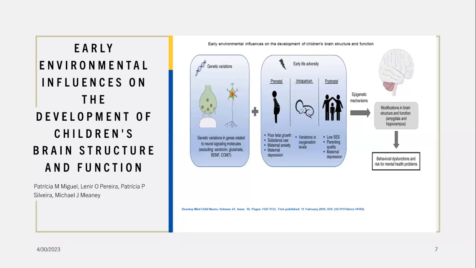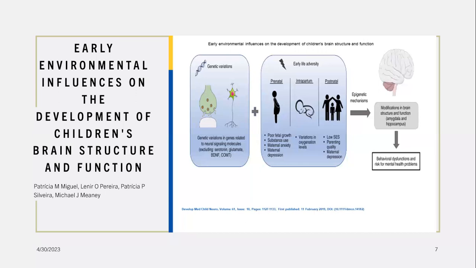If you look at the figure here to the right, it shows that the genetic variability of genes involved in neural signaling, like serotonin, has an interaction with adversity in early childhood that can have an effect on our early neural development.